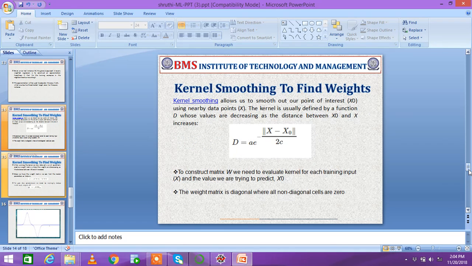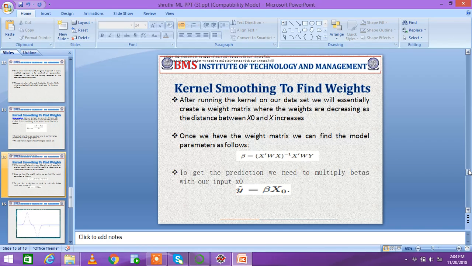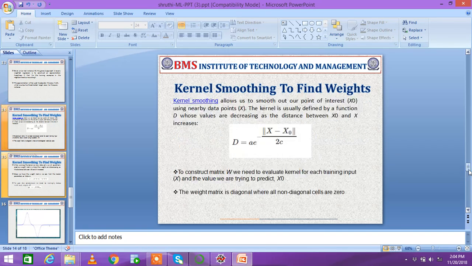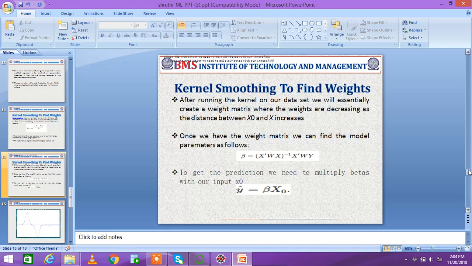Similarly, how is W calculated? With the help of the kernel function, d is equal to a into e to the power minus the dot product of x minus x naught divided by 2c square. Now, what is a? a is a constant value which is considered as 1, and c is the kernel value.